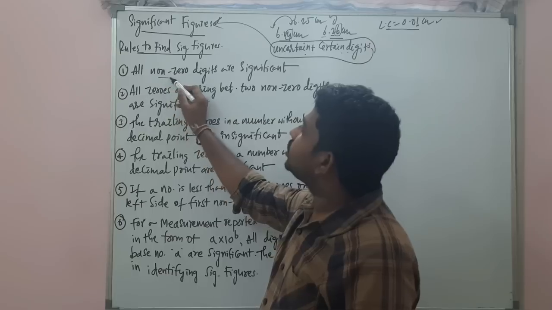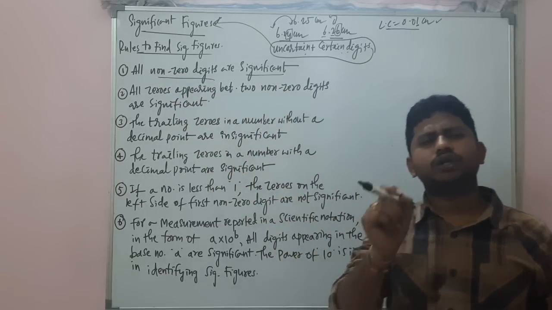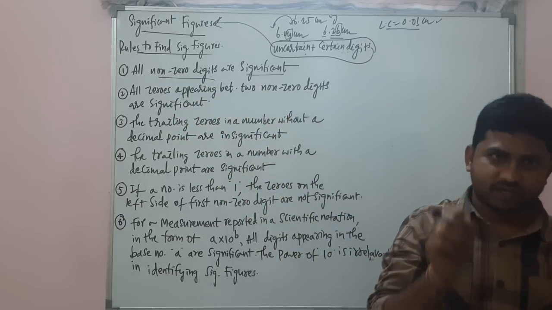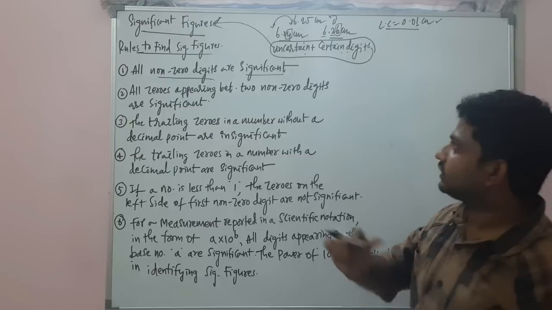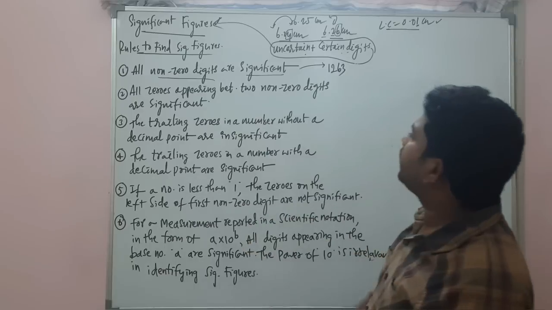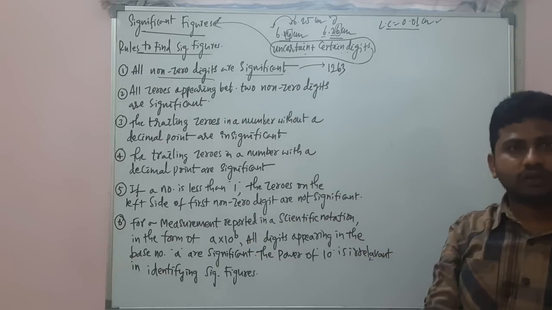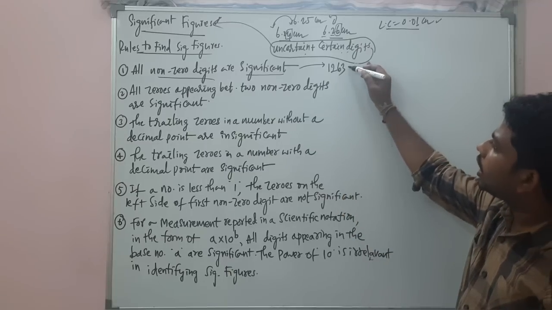All non-zero digits are significant. All non-zero digits in a measurement. So for example, our measurement is 1263 grams.